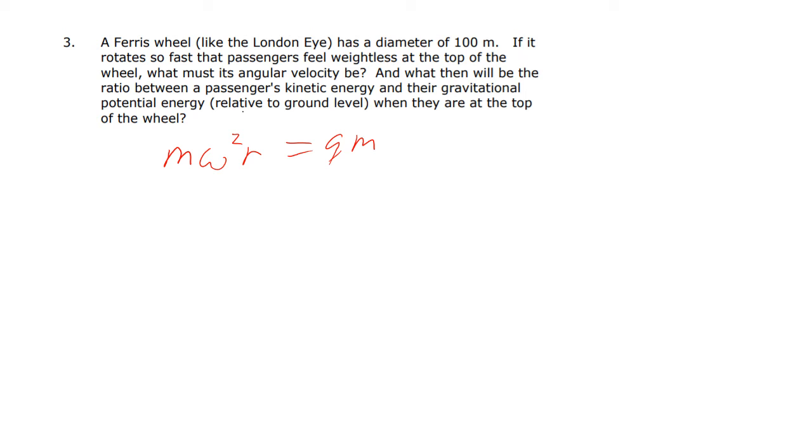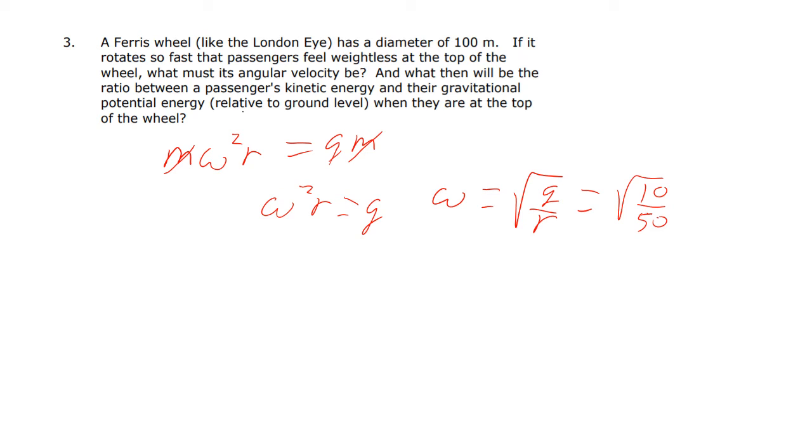So we can cancel out the masses and say omega squared r is equal to g, and then rearrange to get omega equal to the square root of g over r. That's the square root of 10 divided by 50, which is about 0.447 radians per second. So that's the angular velocity, and that's fine.